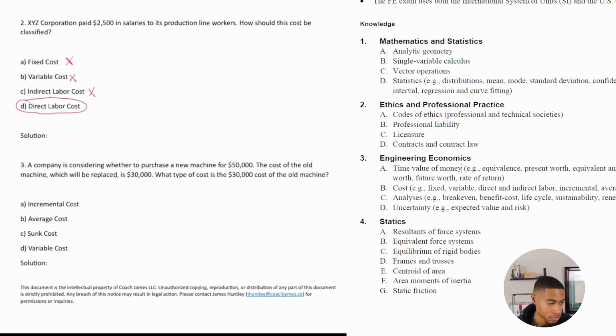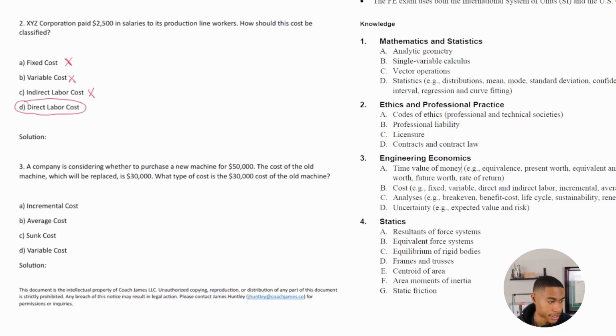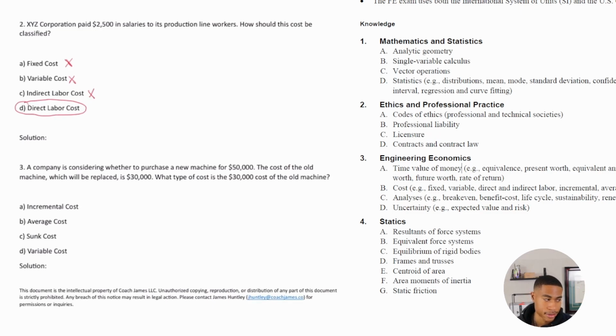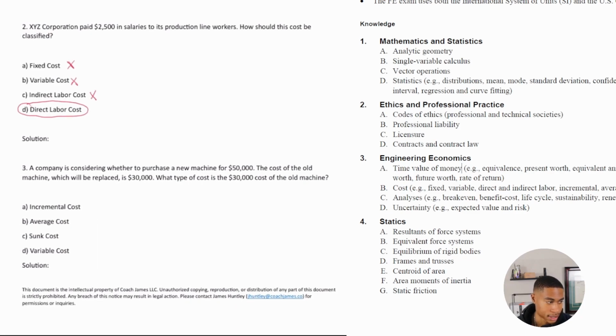Sunk cost is when you basically are throwing away something. You put money into something, it breaks down, you just get rid of it, getting rid of the old thing, and you replace it. So sunk cost is the best answer so far.